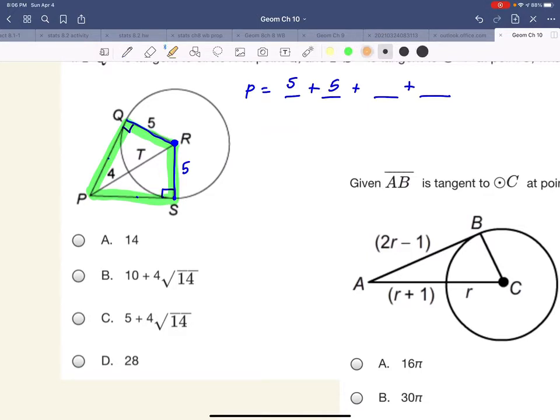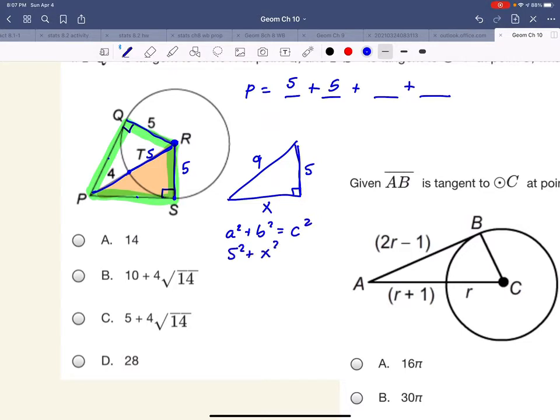If we focus on this, we know this is a right triangle, right? And we know this is also 5 because it's a radius. So if I look just at this orange triangle, I have 4 plus the 5, so 9, and the 5. I can solve for this, x, using the Pythagorean theorem. It is a right triangle, one of the legs is 5, another leg we don't know, so we'll call it x, and the hypotenuse is 9.